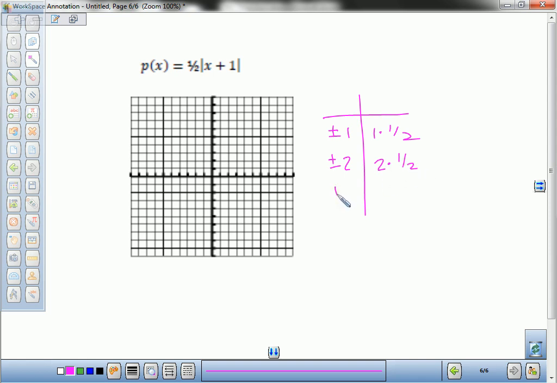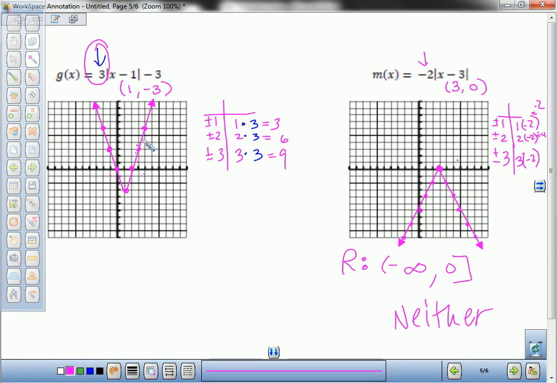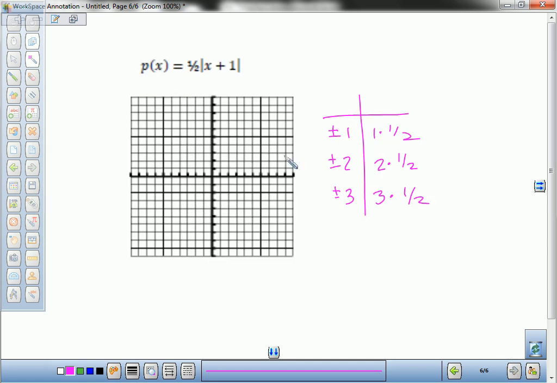Okay, so this one has, instead of a vertical stretch, a compression. When we have a vertical stretch, our V gets skinnier, more narrow. When we have a vertical compression, our V gets wider. Because of the 1/2, because this is less than 1, it's no longer a vertical stretch, it's a vertical compression.